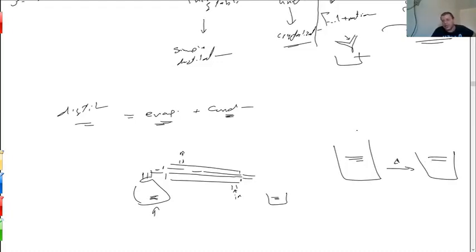You decrease the solvent, increasing the concentration of the solute. Once crystals appear, you stop heating and cool down. The crystals will increase and can be separated by filtration. This one is known as crystallization.